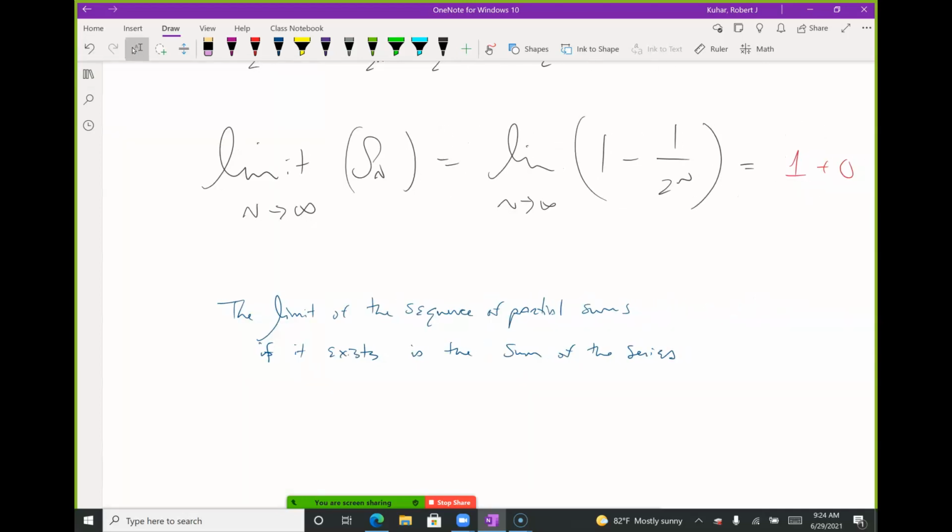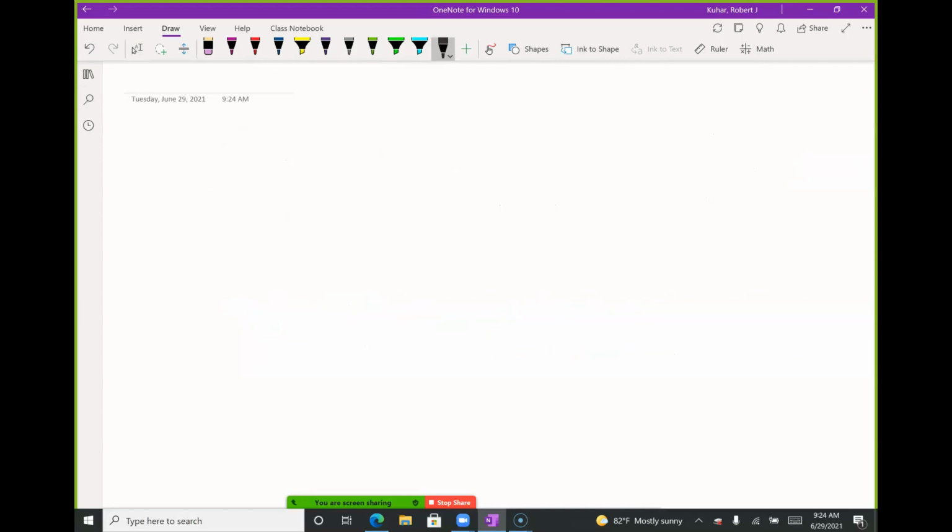So let's look at the sum of a geometric series. The one that we just looked at is a geometric series, right? It's 1/2 times 1/2 times 1/2 times 1/2, right? But we want to be able to write our geometric series as the sum from n equals 1 to infinity of a sub 1 times r to the n minus 1.